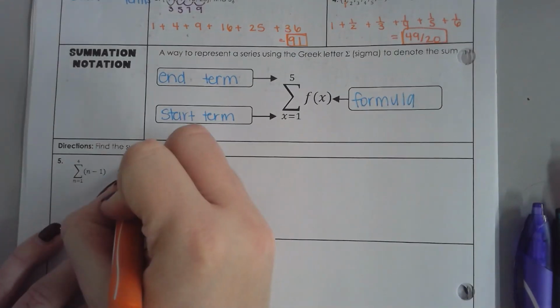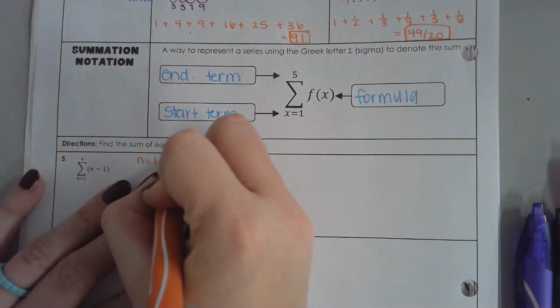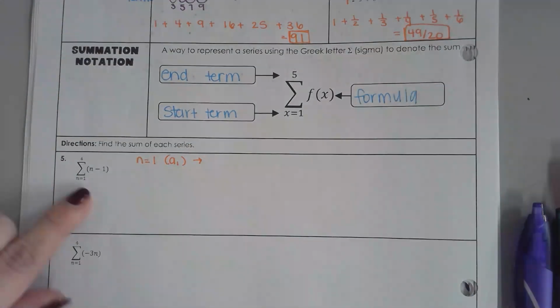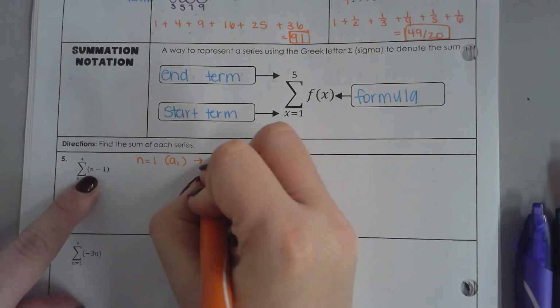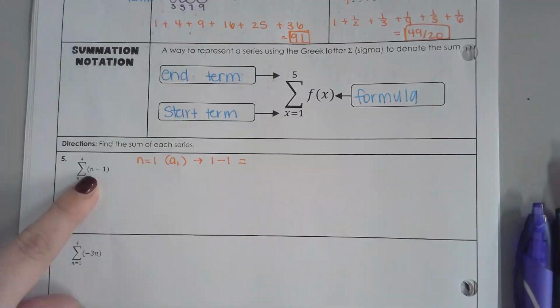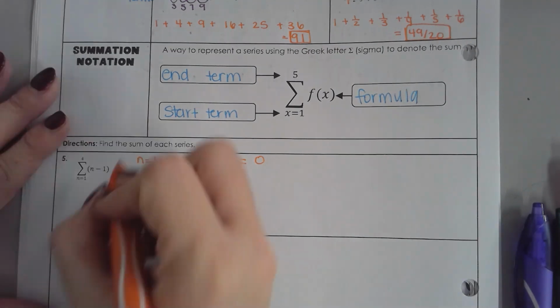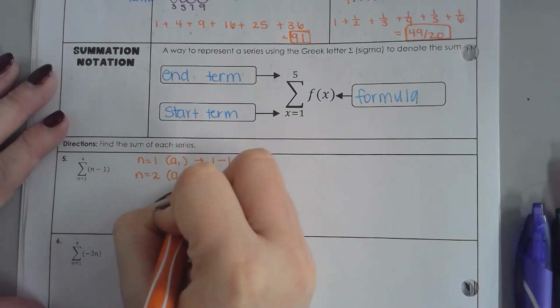So if N is 1, that means the first term. That's like A1. Your calculator is going to put a 1 here. It's going to do 1 minus 1, which is what? 0. So the first term in this sequence is a 0. And then your calculator is going to do N equals 2. That's my second term.